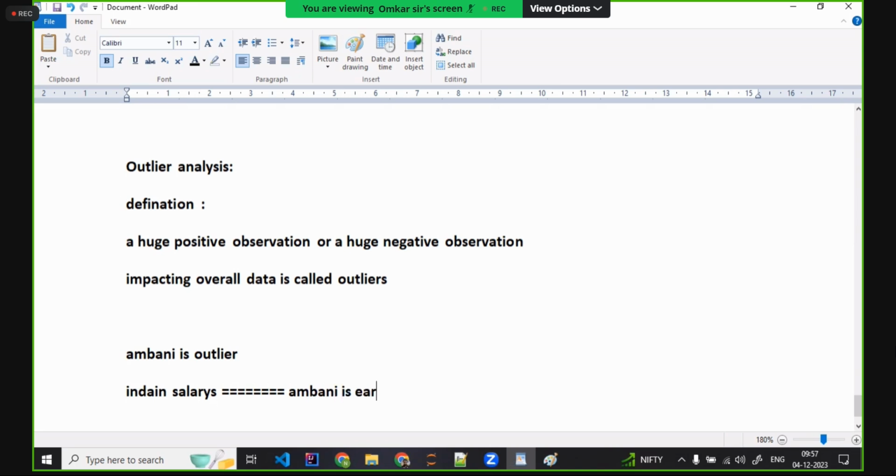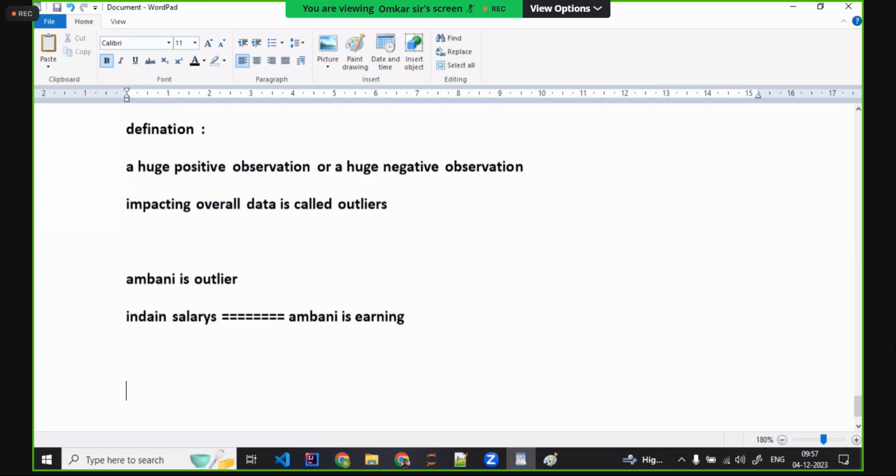But how can you know that? On what basis is that money the cutoff point? Suppose the cutoff is 5 crores, or 10 crores, or 100 crores. Those who earn more than that are the outliers.